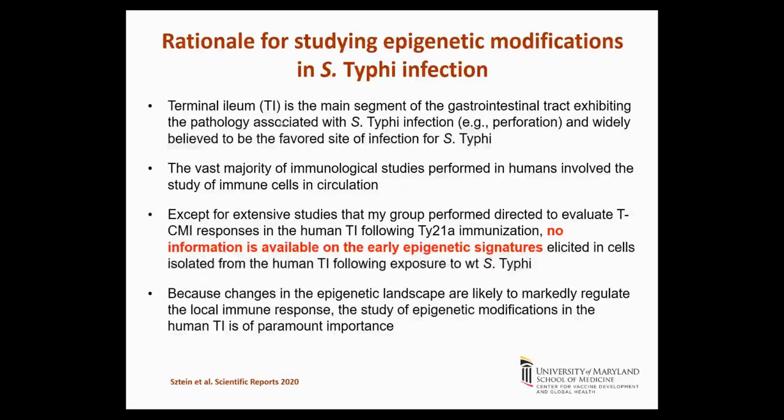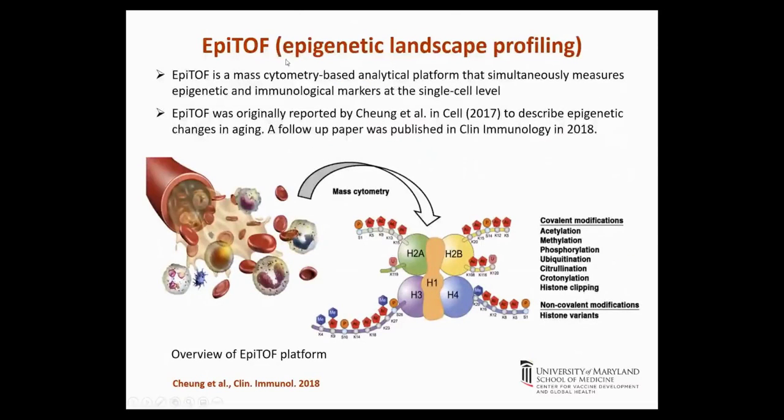But since changes in the epigenetic landscape are likely to markedly regulate the local immune response, we hypothesize that the study of epigenetic modification is going to be one of the key factors to be considered.